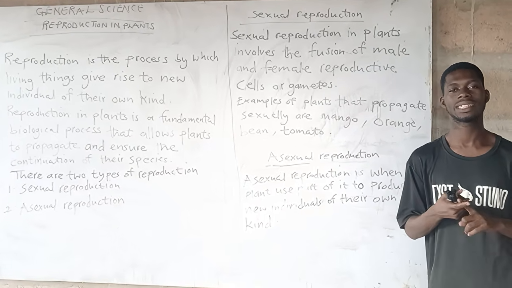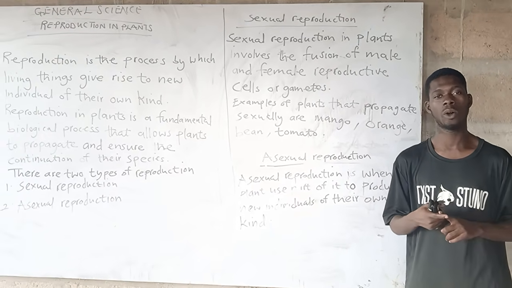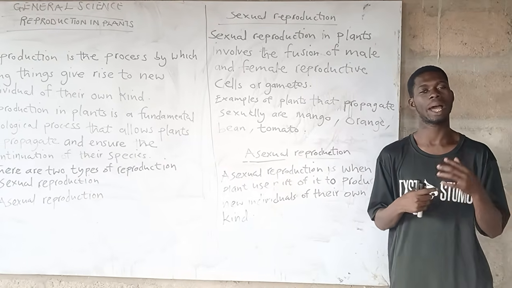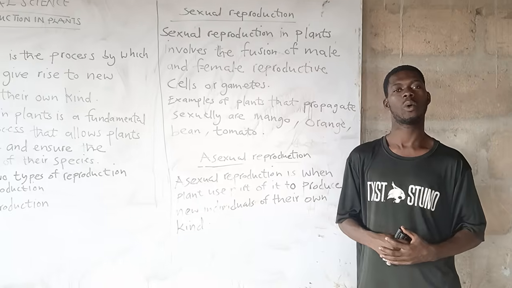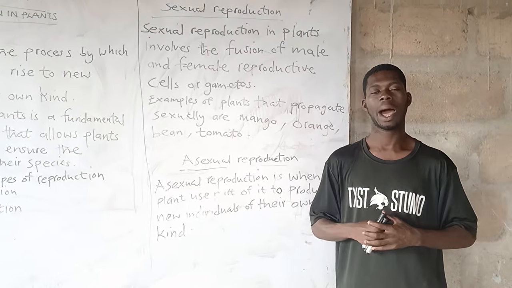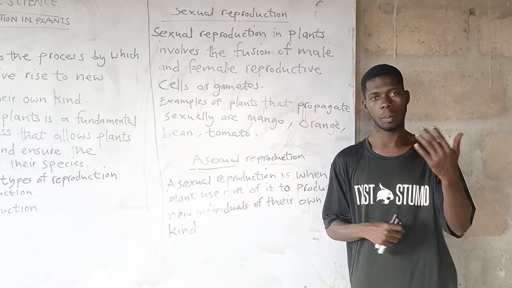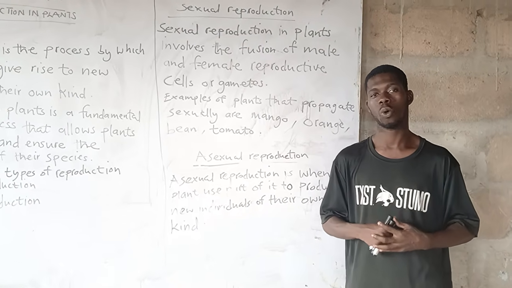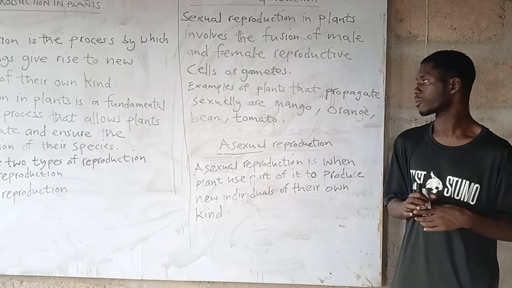The female sex cell in plants is the ovum, and the male sex cell in plants is the pollen grains. So sexual reproduction happens through a process known as pollination.